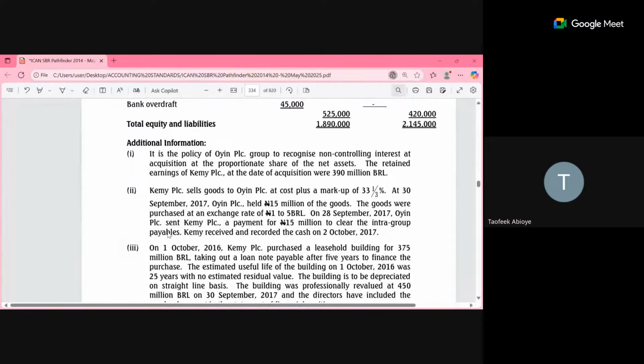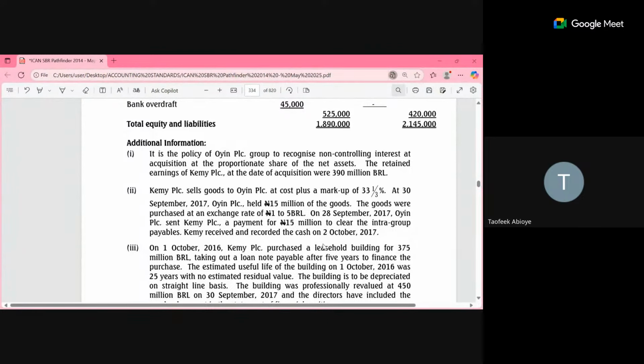Now, they said Oyin purchased this at an exchange rate of 1.5 BRL. On September 2017, Oyin sent a payment of 15 million to clear this intra-group payable. Then Kemi received and recorded the cash on 2nd October 2017. That is after the date of consolidation.